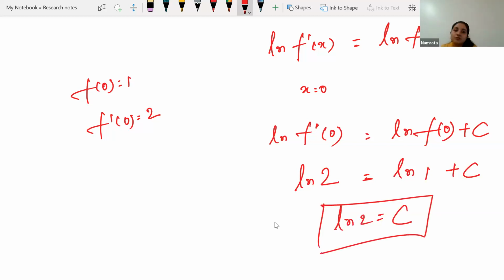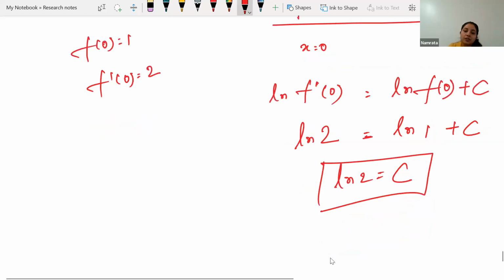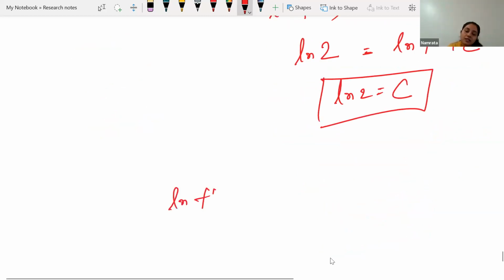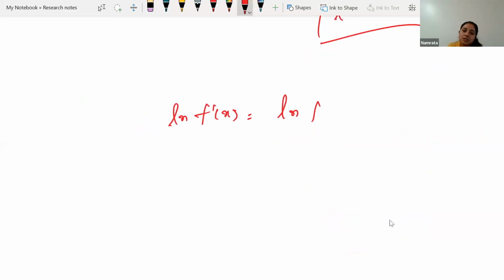So far what we have done: we have just solved the determinant and arranged it to do the integration. After that, we used the given condition and found the constant of integration. Now we will just substitute it back in the equation. So this is the solution step. Here we just put the value of C. So we have ln f dash x is equal to ln f of x plus ln 2.